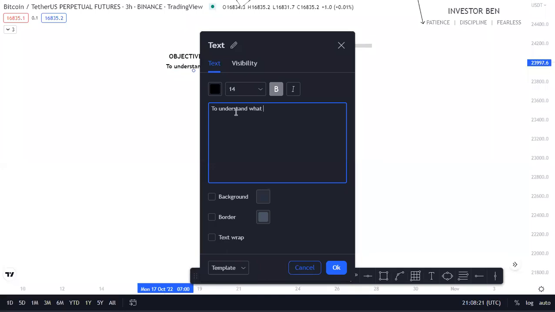To understand what market makers are and their objectives.